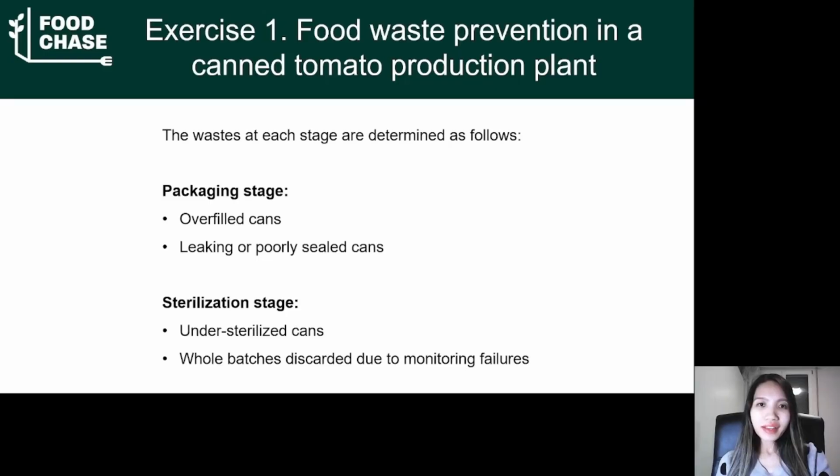The wastes at each stage are determined as follows. At packaging stage, the waste is overfilled cans and leaking or poorly sealed cans. And then at sterilization stage, we have under-sterilized cans and the batches discarded due to monitoring failure.